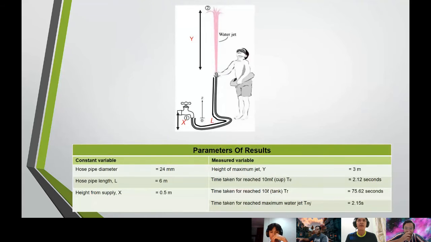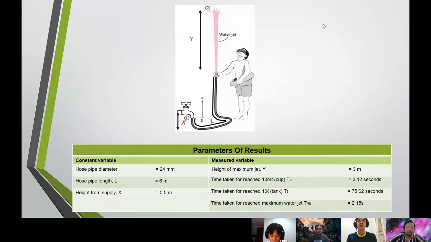The result that I have is that I measured the hose pipe diameter at the end of the hose, where we must close it to achieve the maximum water jet.